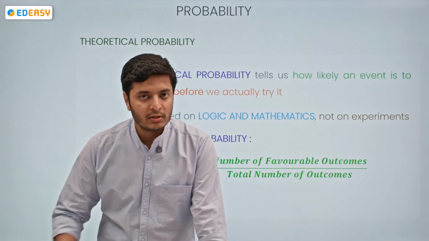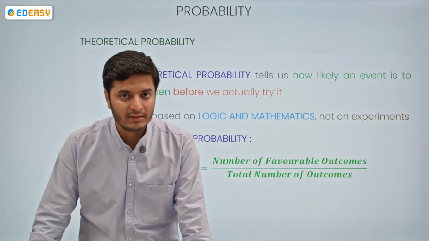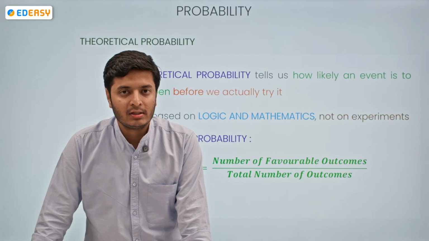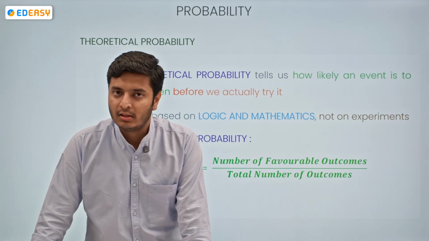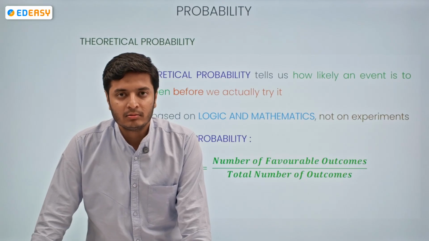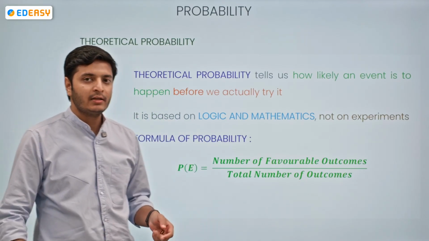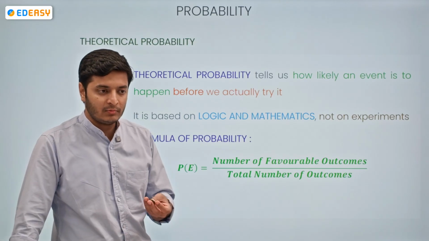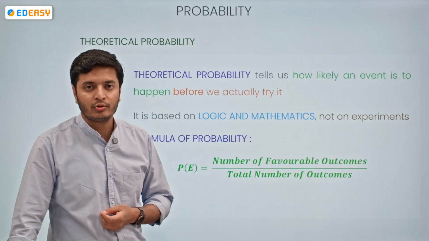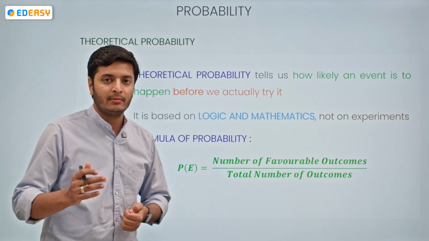They will calculate all the possible errors that there could be, and then act accordingly, correct? They will eliminate all the possible errors, and only then will they go ahead. They will not take a chance depending on whether it will work or not. So there are many things in real life that you cannot bet on by doing an experiment. So you should be calculating it theoretically first, then only you can move ahead, right?